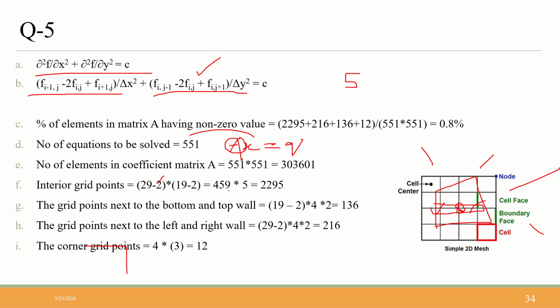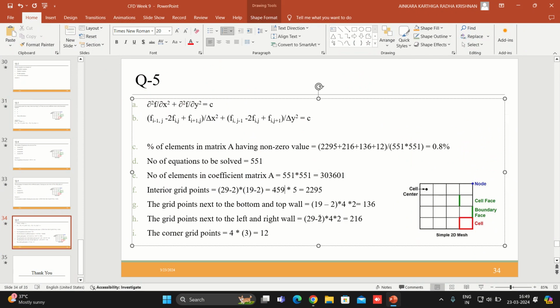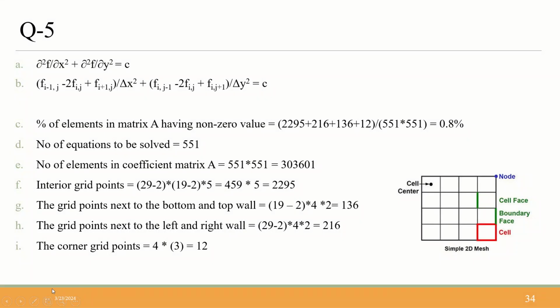We have 459, and this is equal to 459. We have 459 interior grid points.